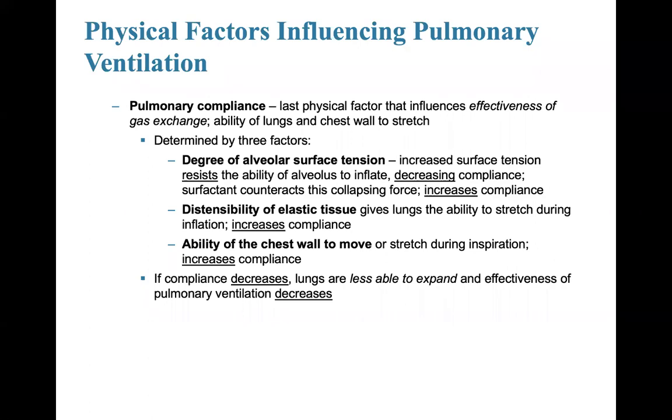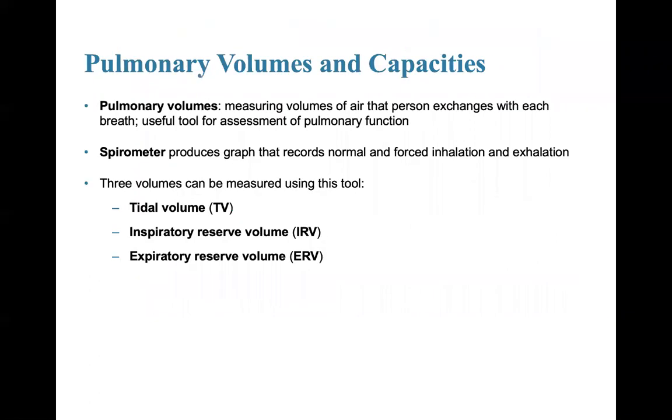The second is the distensibility of the elastic tissue, which gives the lungs the ability to stretch during inflation and increases compliance. The third is the ability of the chest wall to move or stretch during inspiration, and this increases compliance. If compliance decreases, the lungs are less able to expand, and the effectiveness of pulmonary ventilation will decrease.